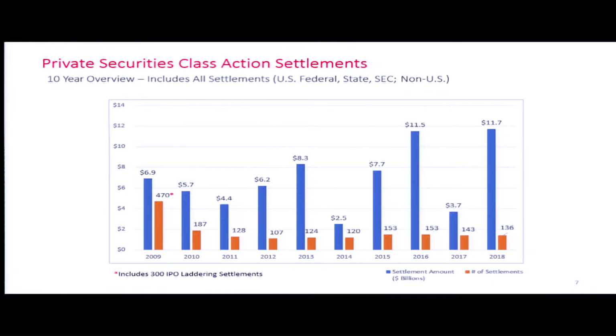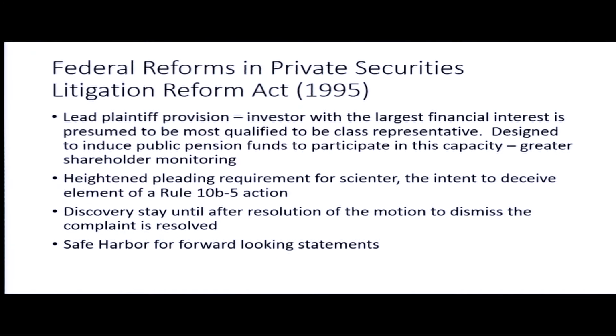Okay, so there are benefits to shareholders. These dollar numbers are significant. There are benefits to shareholders from these cases, but there are also costs. And the costs are not only the attorney's fees that are paid out to the private lawyers in the successful cases, but also the costs that are incurred by the company in defending these cases, both in successful cases and in unsuccessful cases.